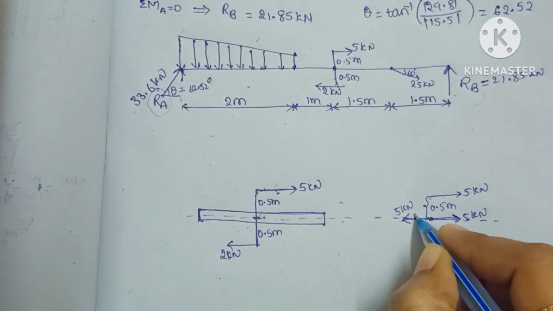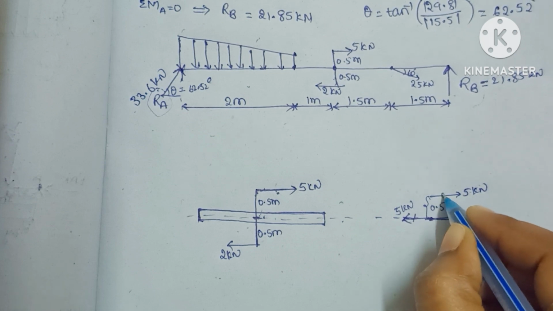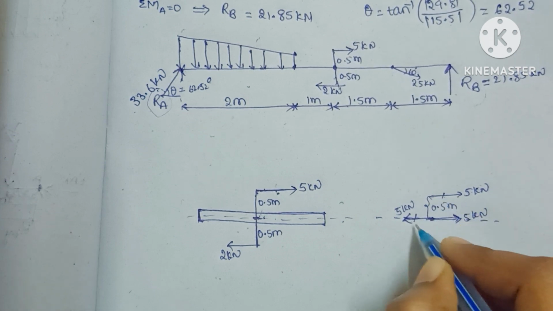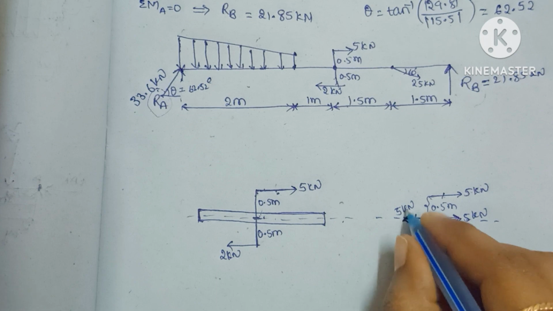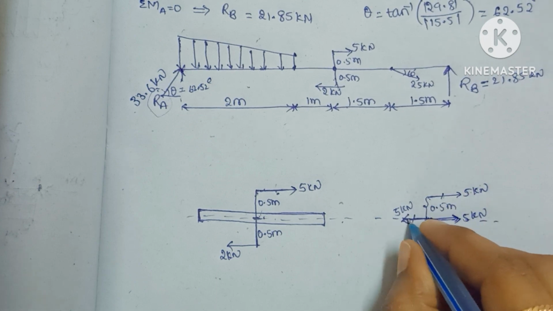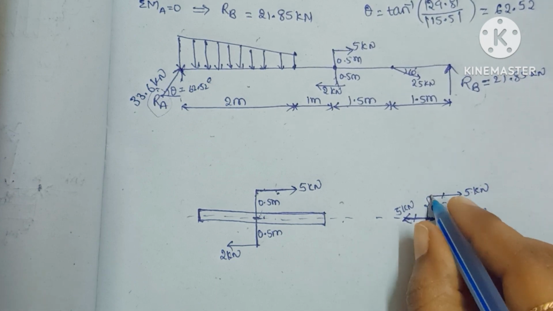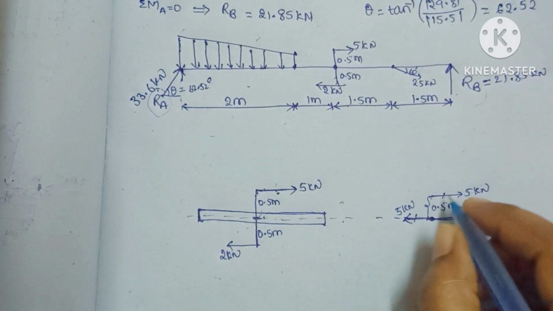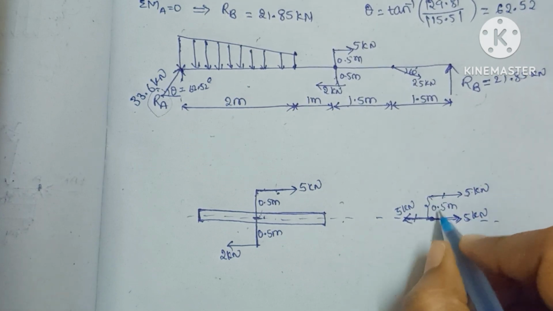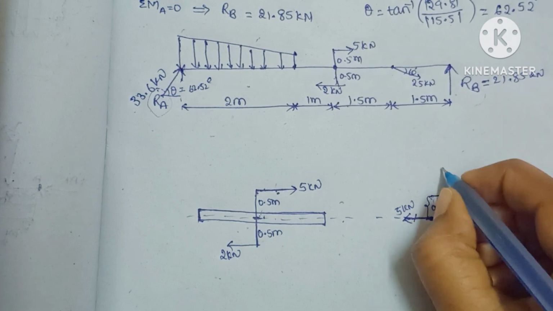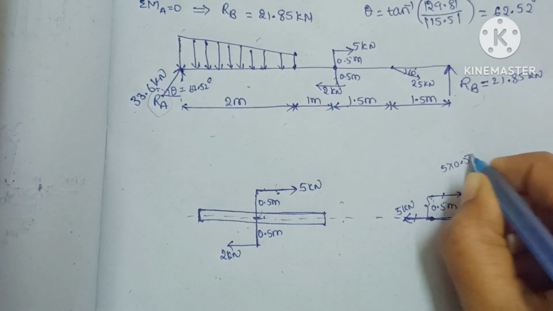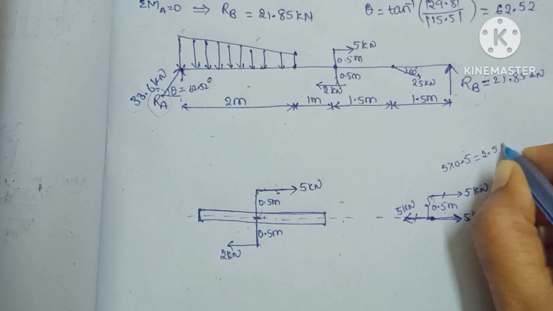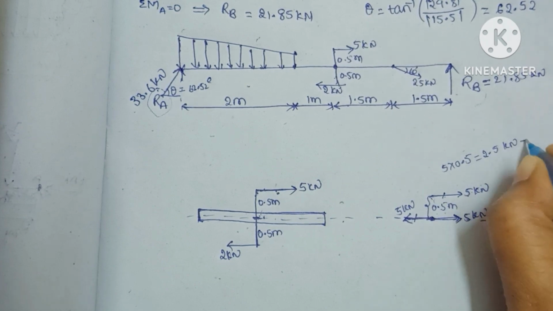Because of this load and the opposite load, it will create a moment. 5 kilonewtons, whose distance from this point is 0.5. Moment is force into perpendicular distance, so 5 into 0.5 equals 2.5 kilonewton meter.